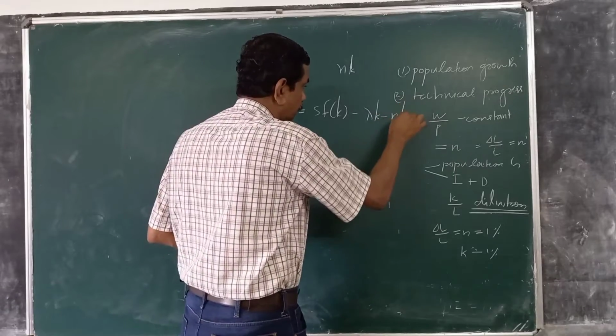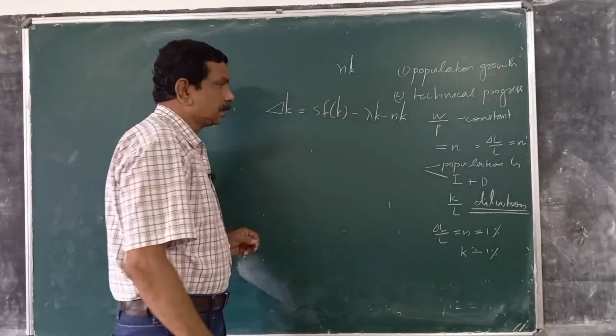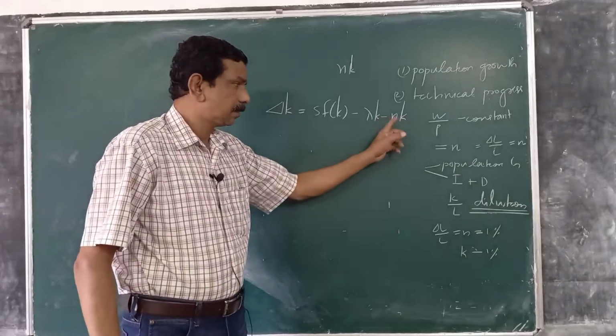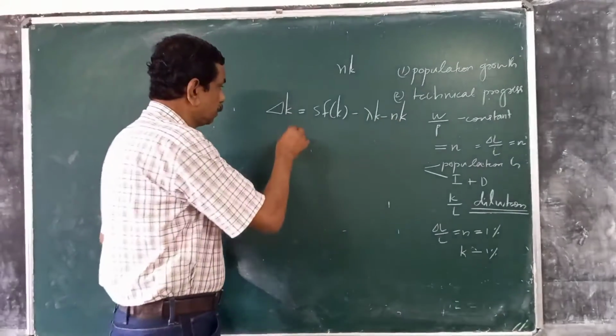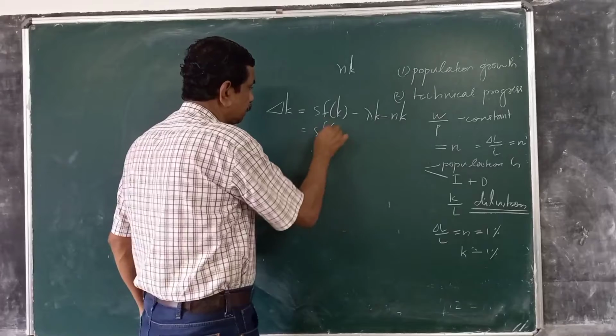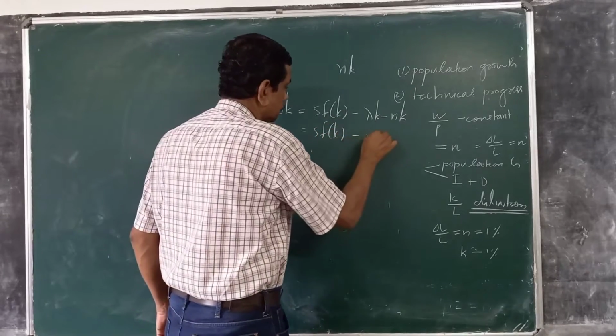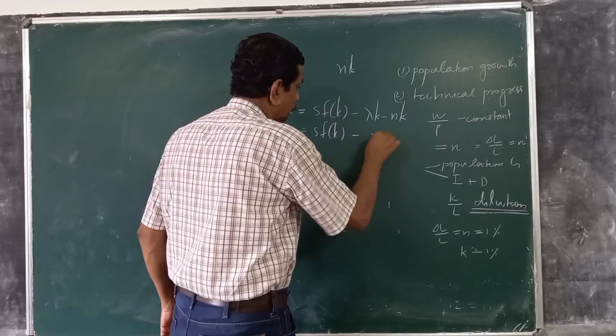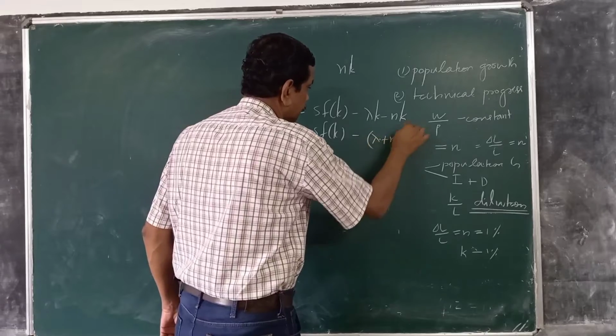With this we add the population growth, so that this can be written as s f(k) minus (lambda plus n) k.